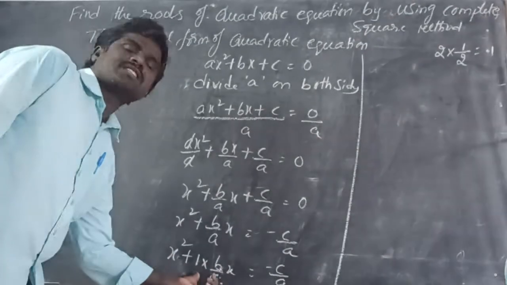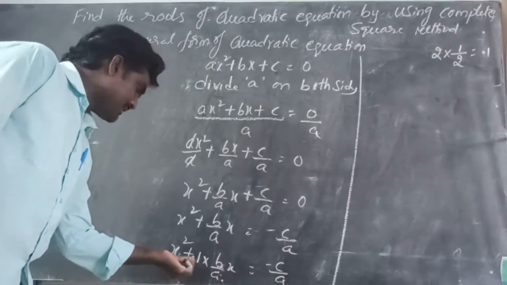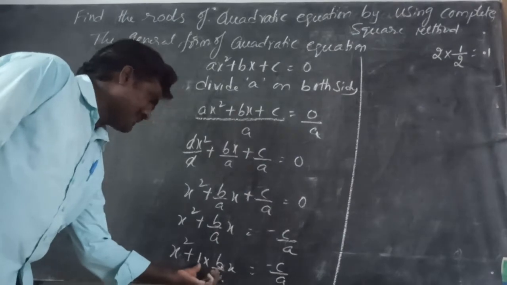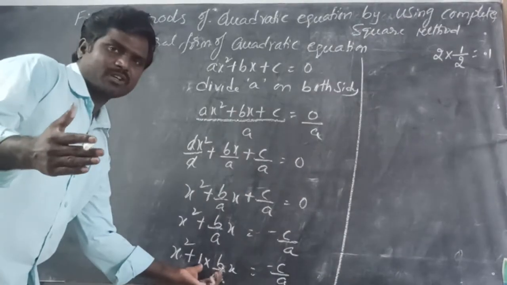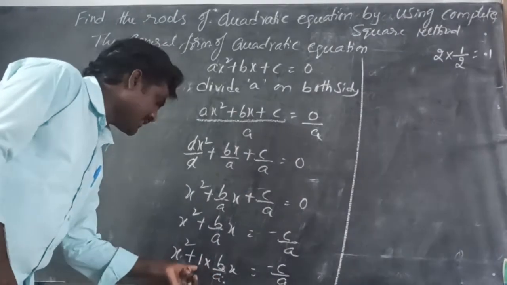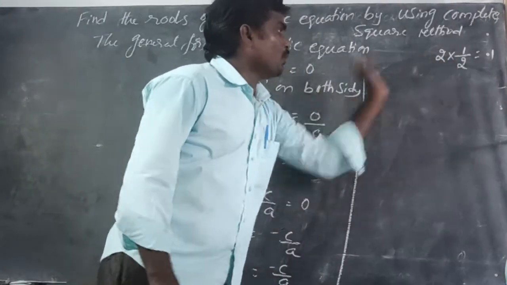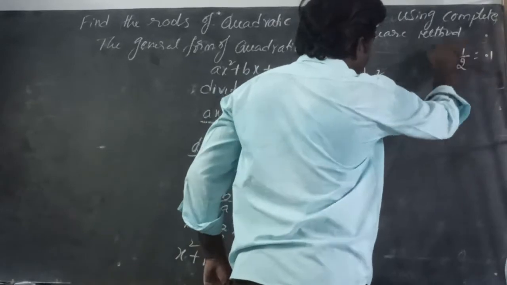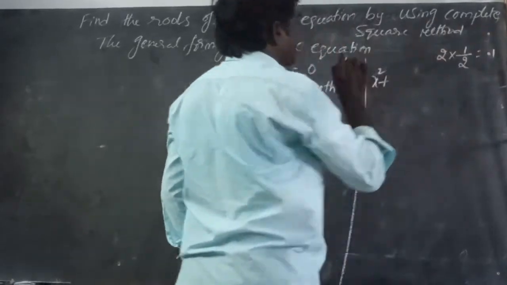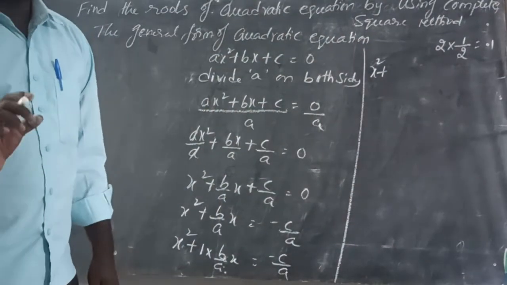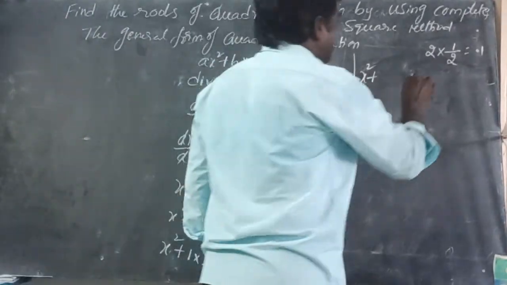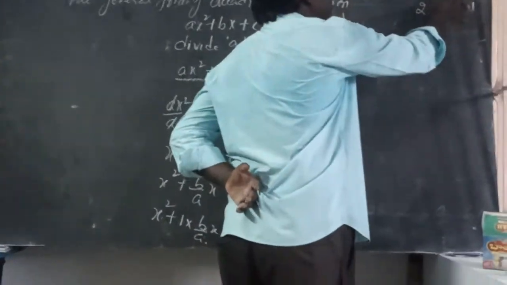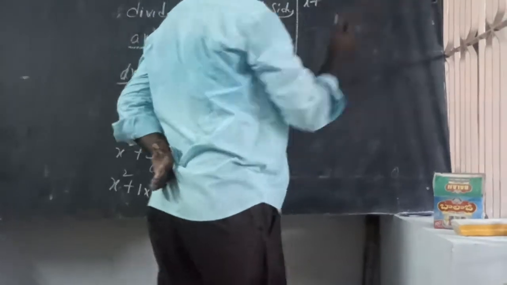The next term we can write in 2ab form. That means this term we can write with a 2. Okay, so how can we write it in the place of 1? We can write 2 into 1 by 2. So that is x square plus, here which property is it? Multiplicative inverse property. Multiplicative inverse property means any number multiplied with its inverse becomes 1.